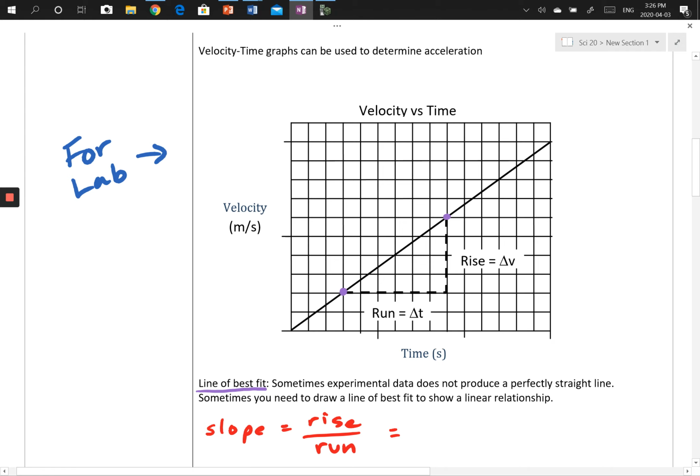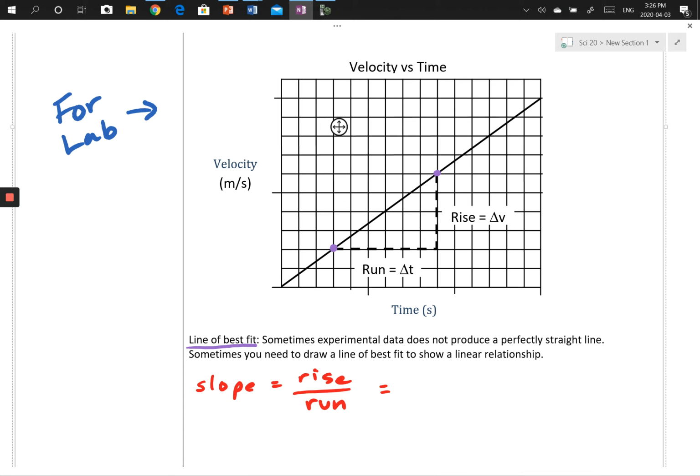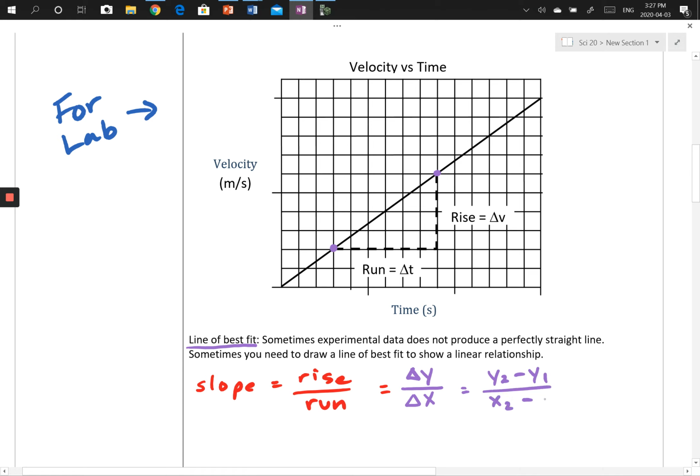So we're going to be able to easily read them. The formula for slope, as we know from last week, is rise over run. Another way we can say that is the change in the y value, delta y, over delta x. Another way that we saw this was y2 minus y1 over x2 minus x1.